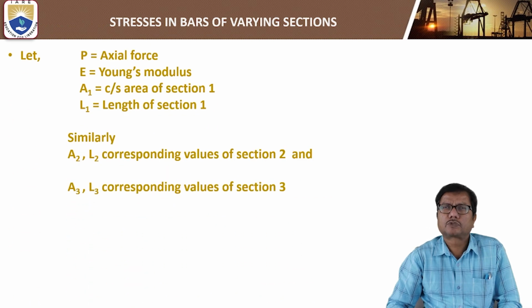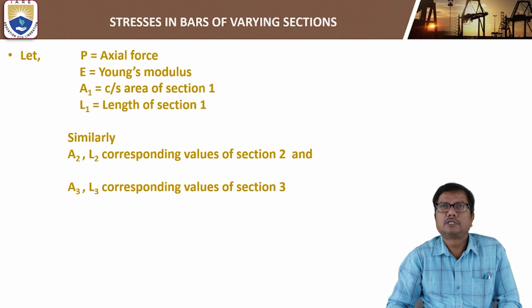Now, as we have discussed, P is the axial force acting on the member. E is Young's modulus of the material. We will assume all the three sections are of the same material, so Young's modulus is the same for all the three sections.